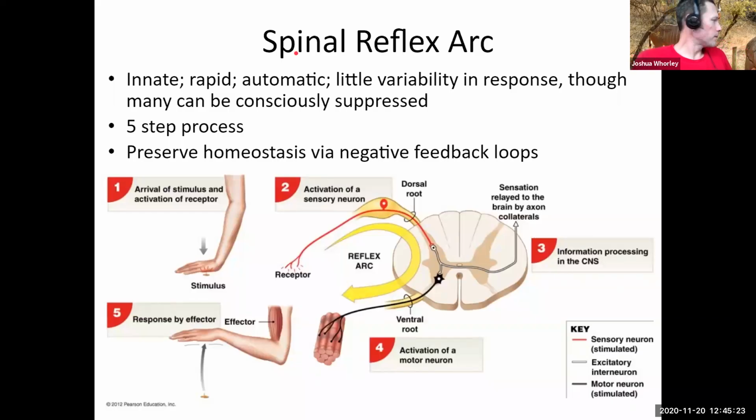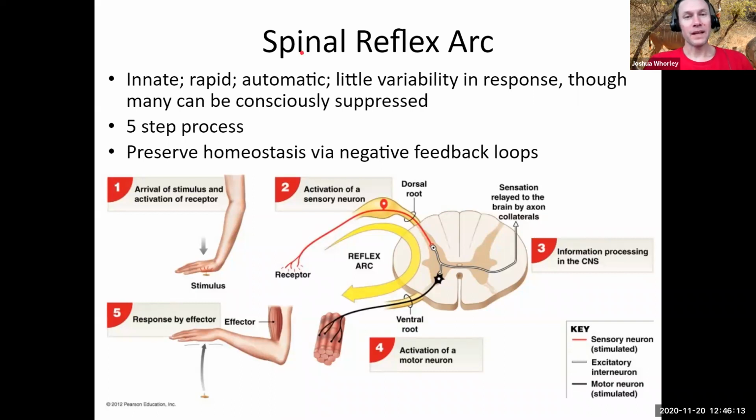So you'll notice what we have here is stimulation, right? So there's this stimulus, in this case, sitting on a tack or coming down on a tack. So that is the stimulus.